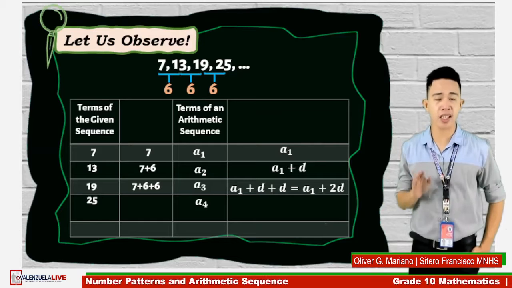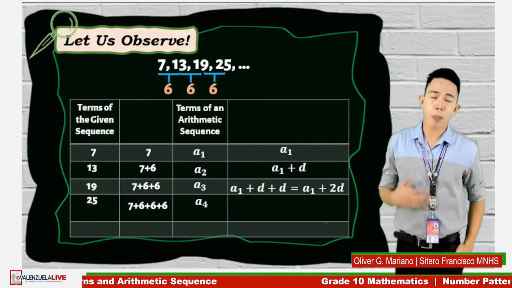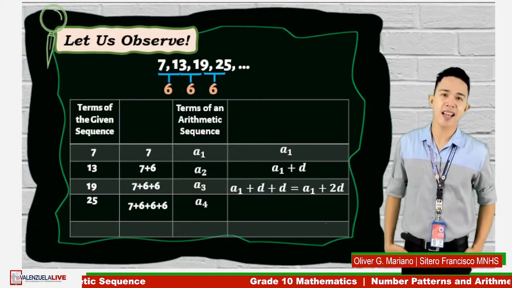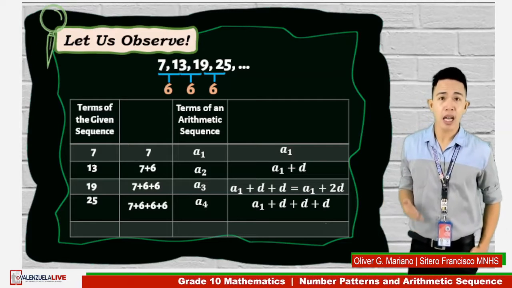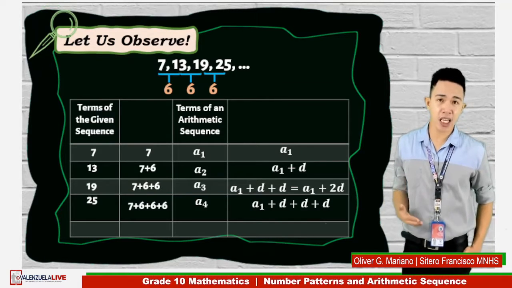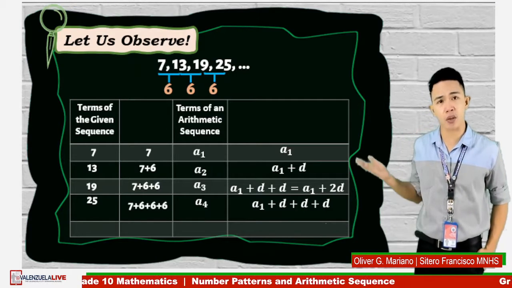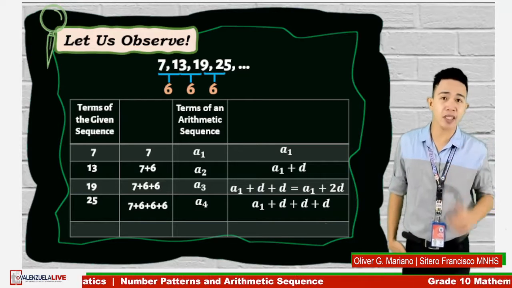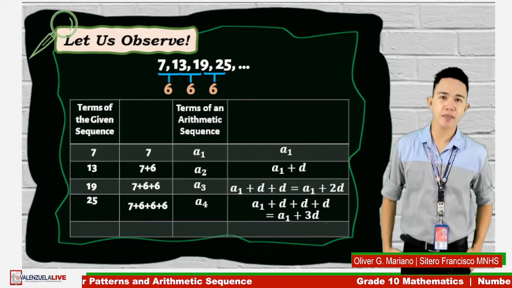Again, you will notice that 25 is equal to 7 plus 6 plus 6 plus 6. Thus, a sub 4 is equal to a sub 1 plus d plus d plus d. If we combine similar terms here, what do we get? Great! We obtain a sub 1 plus 3d.